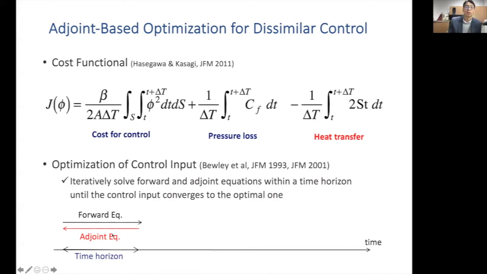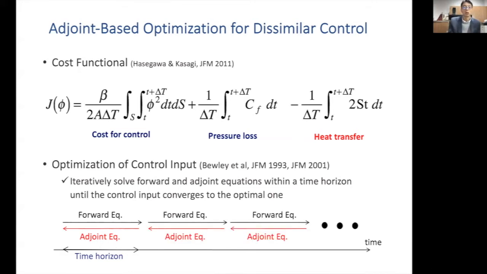By iterating this procedure, you can get the space and time distribution of your control input, which we call the optimal input. But this time horizon is relatively short because of the computational cost. So we slide our time horizon and continue this way. This way we can optimize our control input for a long time domain.